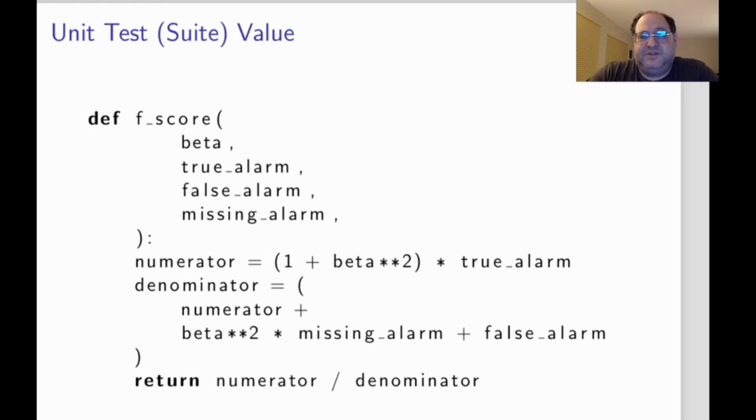So any diff that touches a test that didn't have to change, where the overall interface didn't change, you can think of that as a false alarm. And a missing alarm is also kind of hard to measure, but any time you get a bug past the unit test suite, you can count it as a missing alarm.